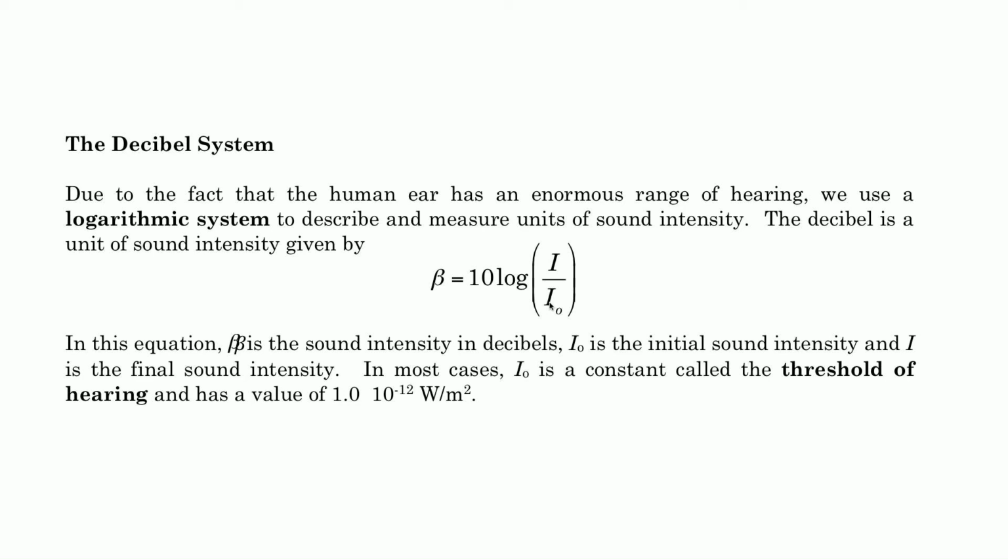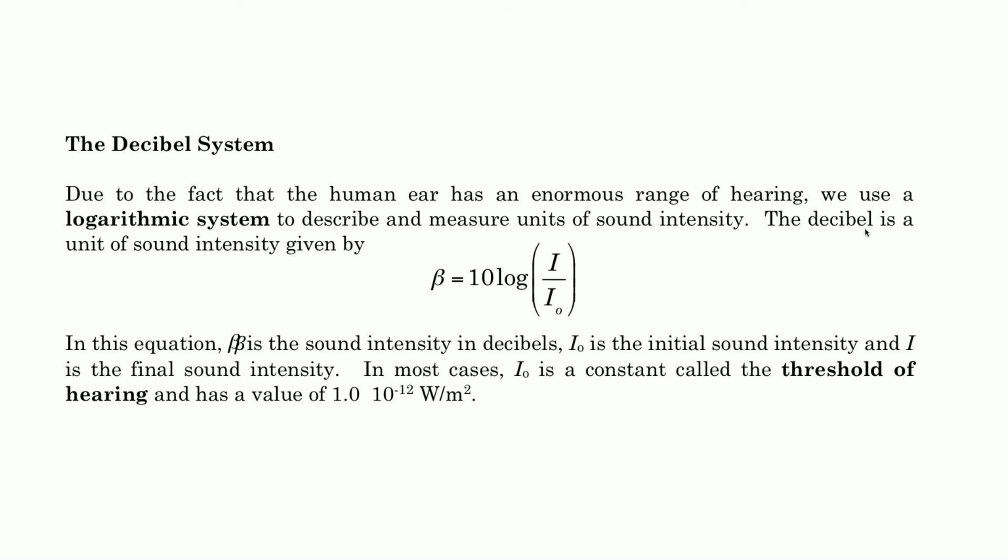If you look at the units for intensity, power, which is in watts, over area, which would be in meters squared, intensity is basically in watts per meter squared. The decibel is basically a unit that reflects that, but we create this new unit, right?